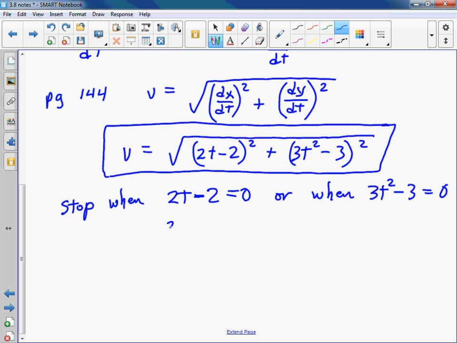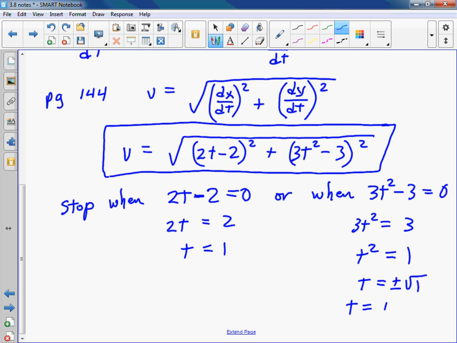We can say 2t equals 2, t equals 1, and over here we have 3t squared equals 3. That means t squared equals 1. That means t equals plus and minus the square root of 1. So t equals plus 1 or negative 1.